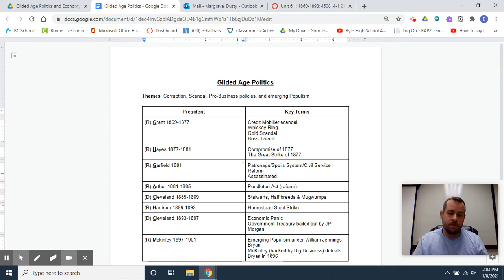J.P. Morgan, big business financier, and a team of Wall Street investors in 1893 bailed out the United States government. They pulled together their money, loaned it to the government for bonds, allowed the government to continue in operation, and over a decade later, Morgan and other Wall Street bankers get paid back plus interest.